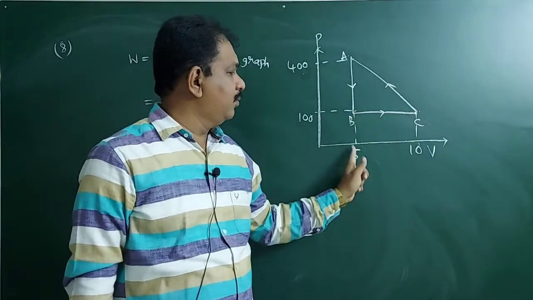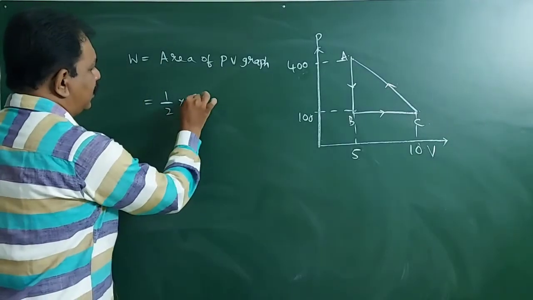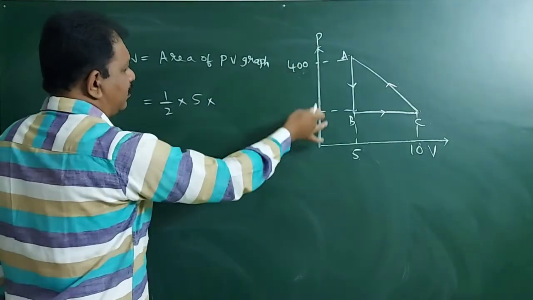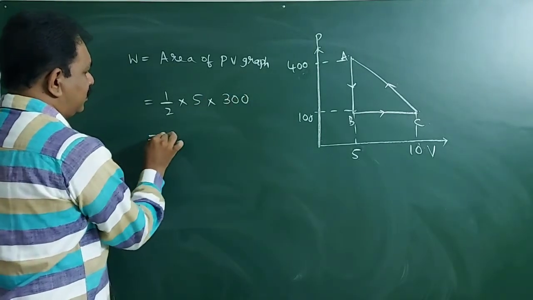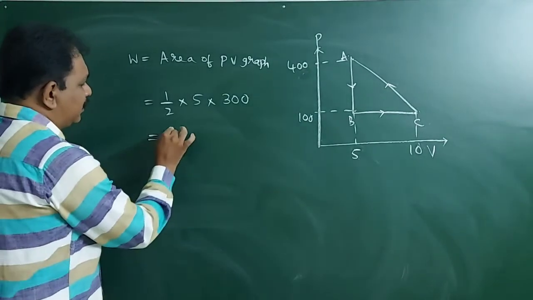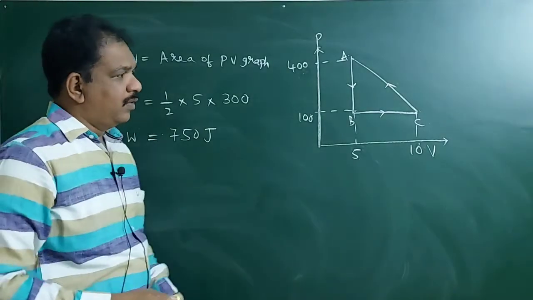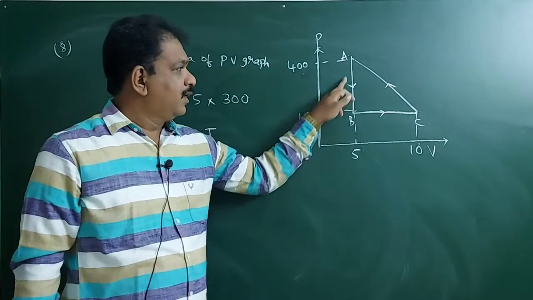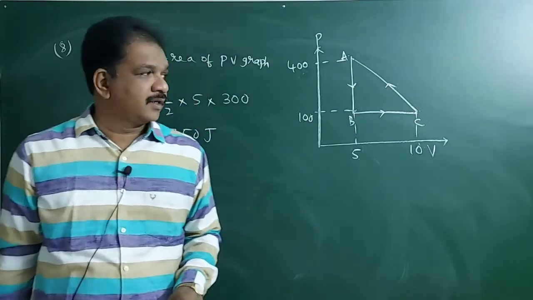Base value will be 10 minus 5, 5. Height value will be 400 minus 100, 300. So this value, how much we will get? 750 joules.